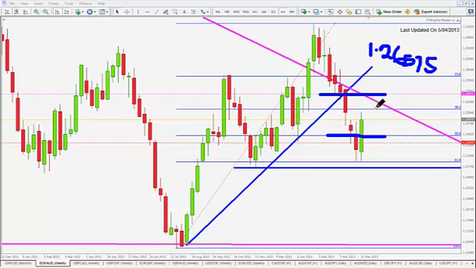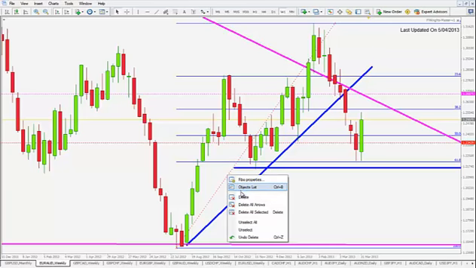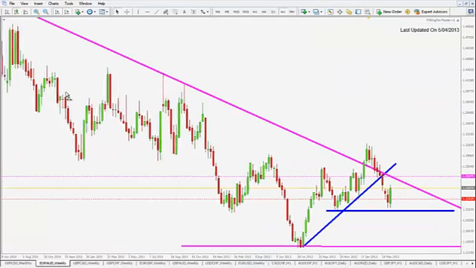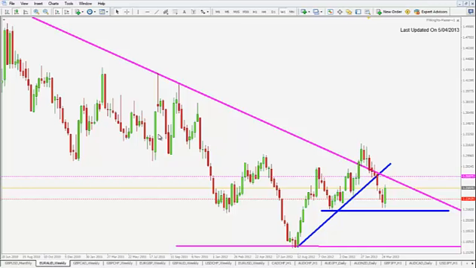After any pullback we will get a massive run to hit that level. So our plan on the euro against the Australian dollar is to remain absolutely bullish for this coming week.